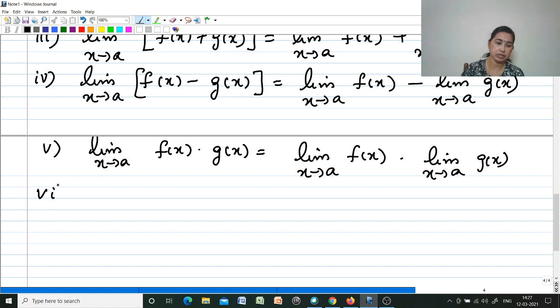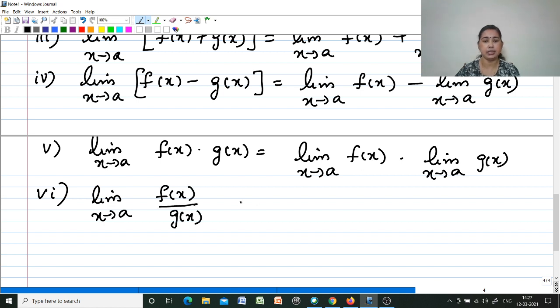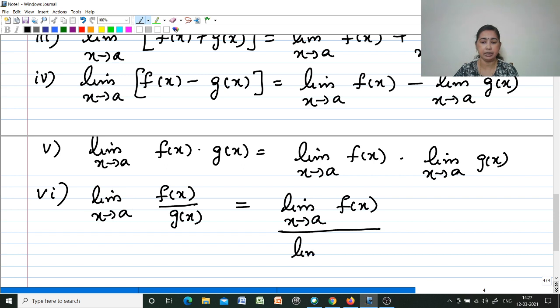In the same way for division, limit x tends to a, f of x divided by g of x is the same as limit x tends to a, f of x divided by limit x tends to a, g of x.